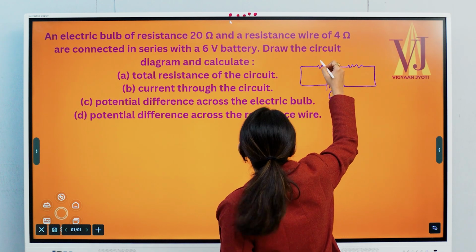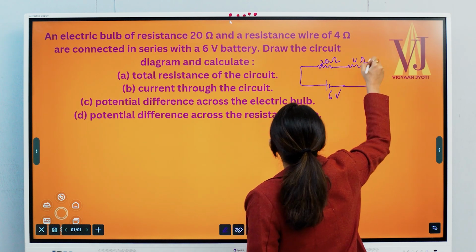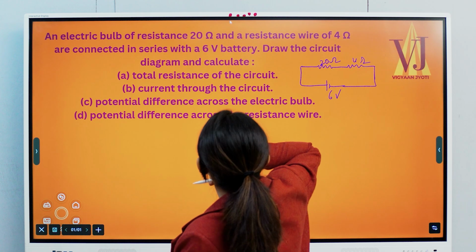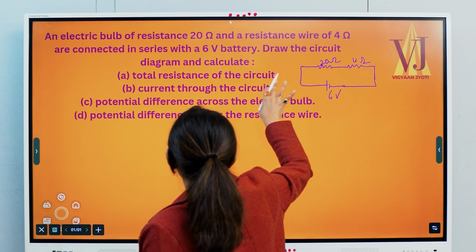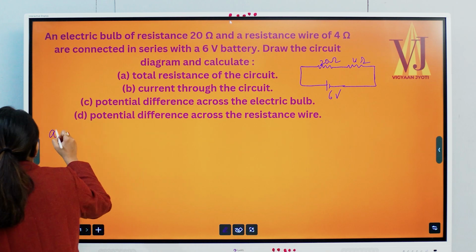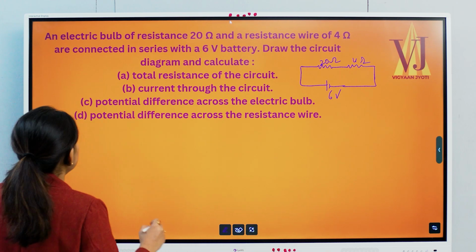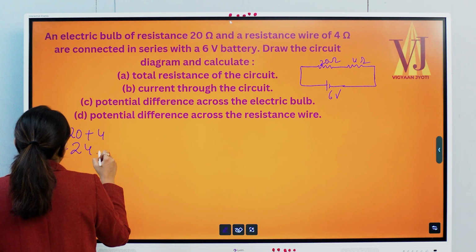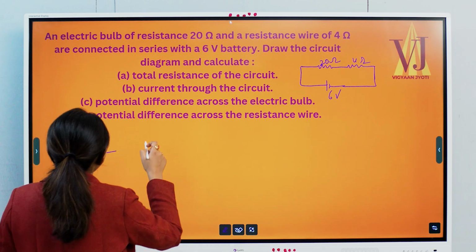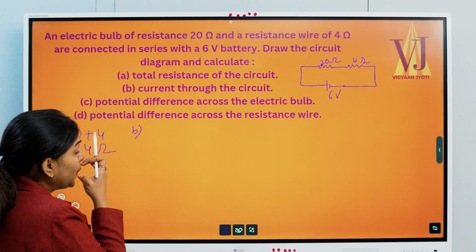And this is 20 ohm, and this is 4 ohm. Now, what they're saying is: connected in series with a 6 volt battery, draw the circuit diagram and calculate. So our circuit diagram is already drawn. Now, the first question, total resistance of the circuit. So we know 20 plus 4, I'm just taking some shortcuts, is 24 ohm. Clear.